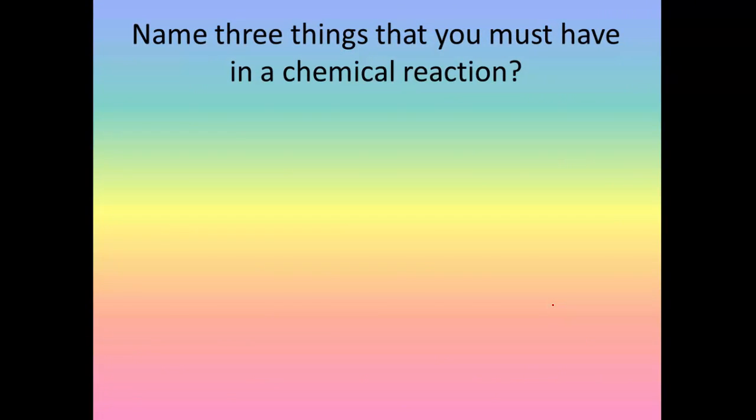So name 3 things that you must have in a chemical reaction. Think about when we write out a chemical reaction, what do we call each side? So if we have A plus B yields AB, we can call A plus B what?